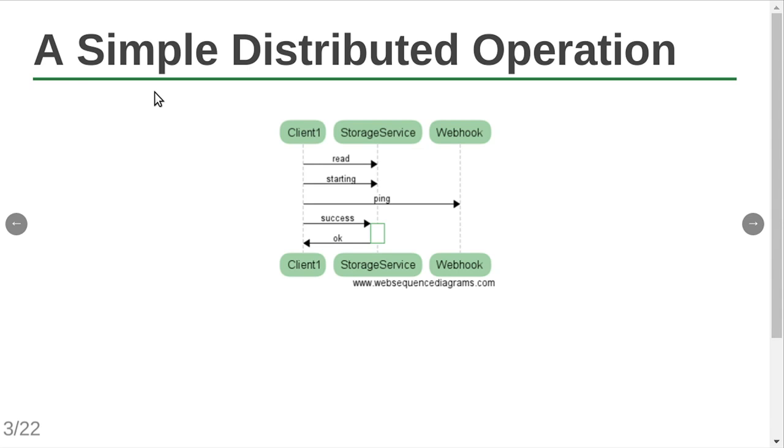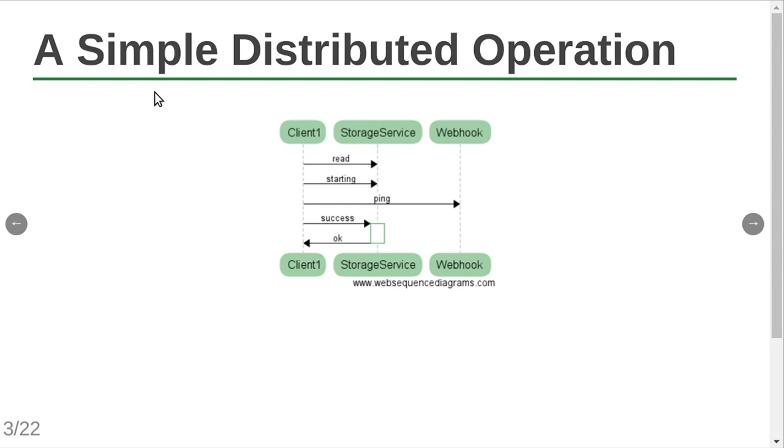Okay, so here's a sequence diagram, a simple distributed operation. It's distributed because I've got three swim lanes, a client, a storage service, and a webhook, and they're in different processes. So that's what makes it distributed. Let's say the client goes to the storage service and says, read me some data. And then it says, right, I'm going to write something back saying, I'm starting, I'm doing something.